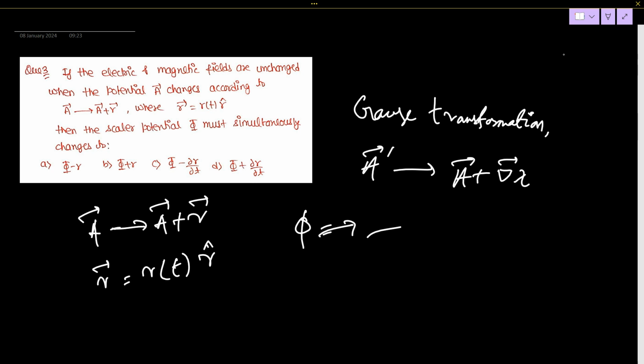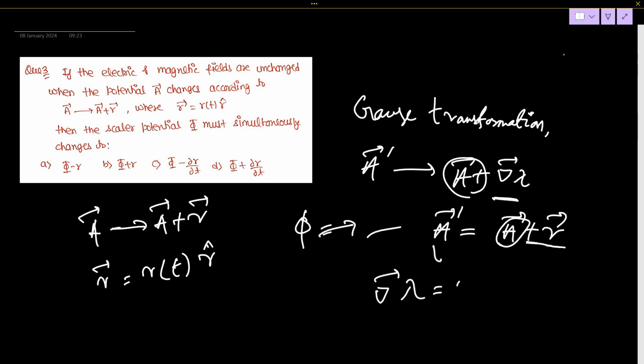But in the question, what is given? A' is A plus R, isn't it? So the A is the same, so del lambda is equal to R. Alright? Del lambda is equal to R.